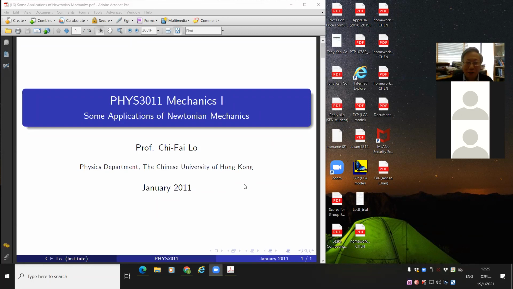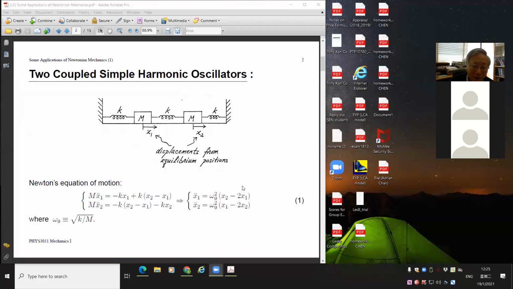All right. Now, the first example we are interested in is the two coupled simple harmonic oscillators. As shown in the figure, we have two blocks of the same mass m. Each of them is attached to either wall by a spring, and these two blocks are connected to each other via a spring.